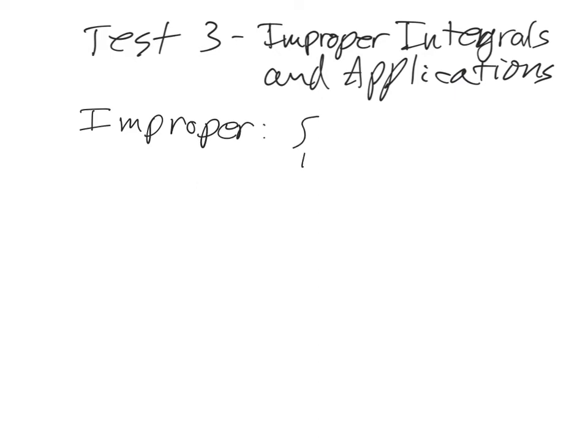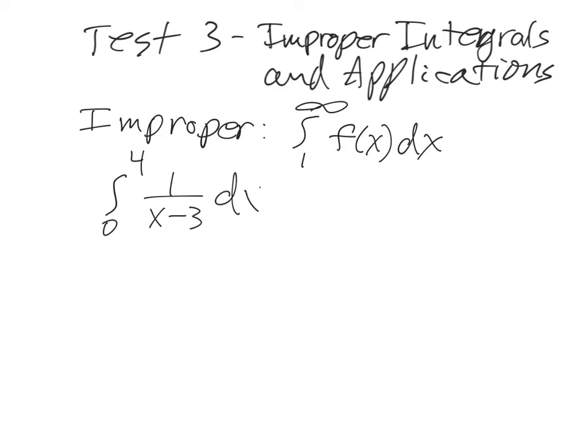Possibly if we have an integration that goes to infinity, that would be one type. Or if there's an improper integral, and I'll just throw one out here. Why would this one turn out to be an improper integral?